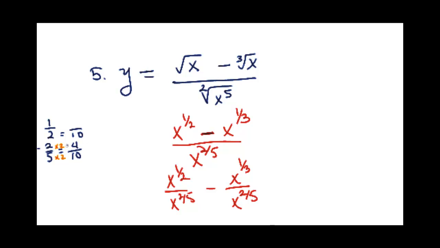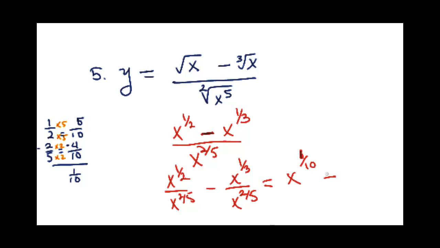Negative 4, both are negative. And then what did I multiply this 2 by to get the 10? By 5, so I multiply the top by 5. Gives me a 5 minus 4 gives me a 1/10. Since the answer to that was positive, it goes in the numerator with the x to the 1/10, like that.